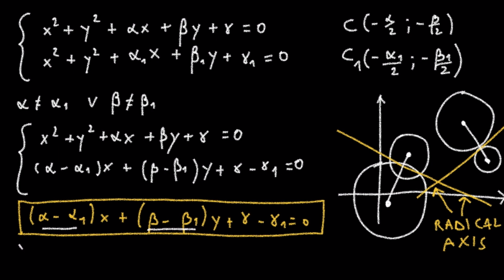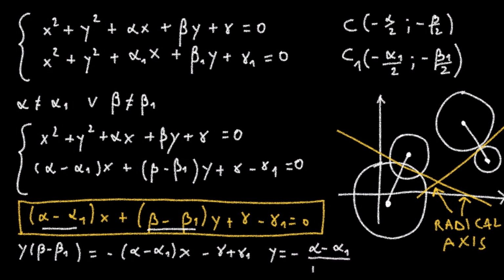Basically, we can rewrite this equation as... From here we can see that the slope of the radical axis is minus alpha minus alpha 1 divided by beta minus beta 1.